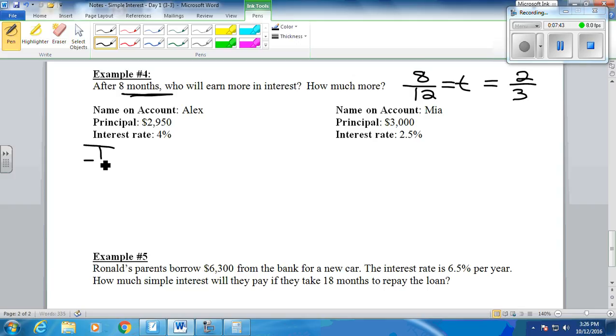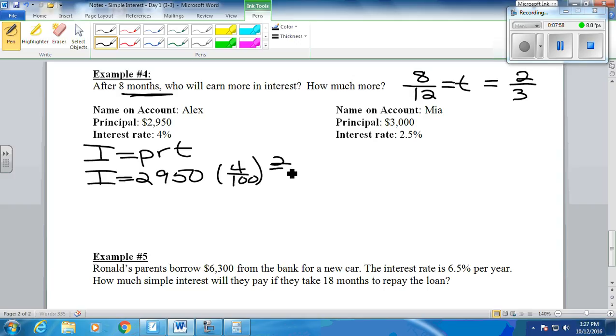So we set up I equals PRT. The principal is 2,950. My rate is 4/100ths. The time is 2/3.